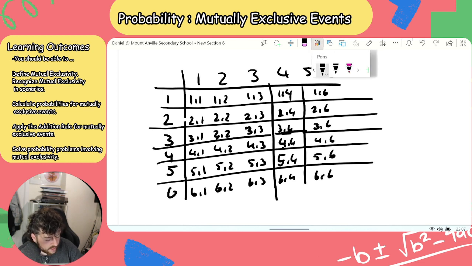So if I highlighted all the ones where I have a 4, I could get 1,4, 2,4, 3,4, 4,4, 5,4, or 6,4. But I could also get a 4 and a 1, a 4 and a 2, a 4 and a 3, and a 4 and a 6. And I forgot the 4 and a 5, but okay, you get the point. Right, now can I move these ones over?